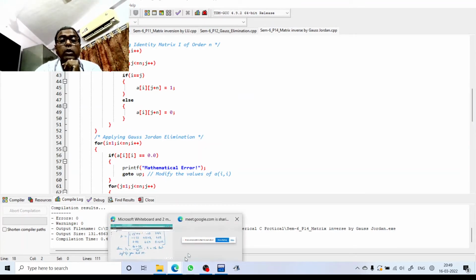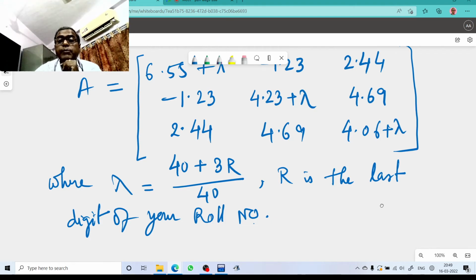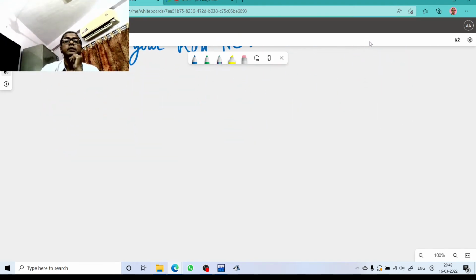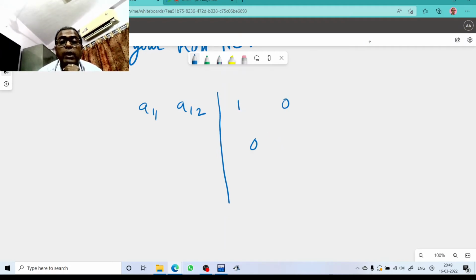Actually, suppose a 2 by 2 matrix: A11, A12, and the identity 1 0 0 1, and A21, A22.